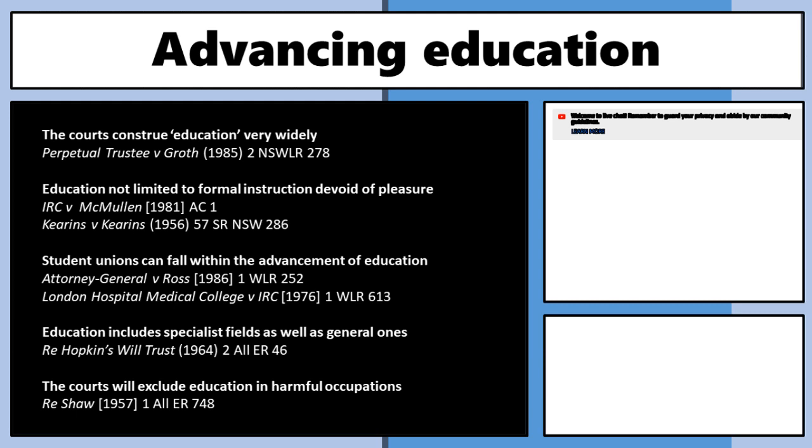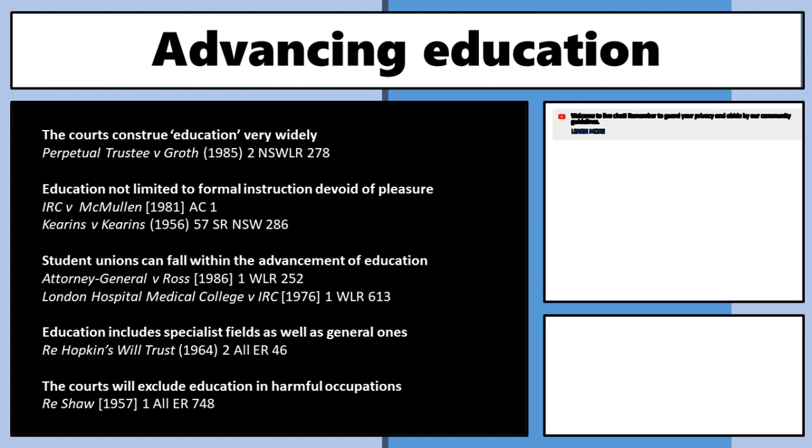Now, the reason why I've talked about this, it's really the third point from Re Shaw's, which is this harmful occupations, is that the judges, when analysing this, also said that when you're looking and determining whether something falls within this category of education, advancing a particular discipline, some disciplines don't count.